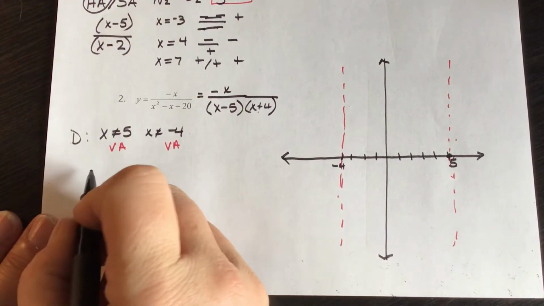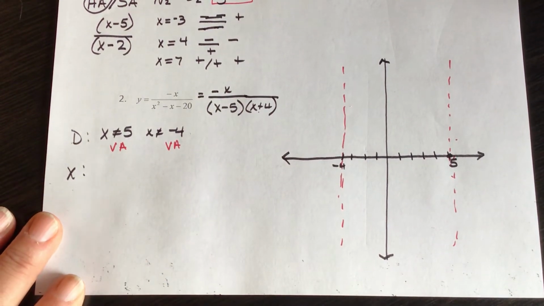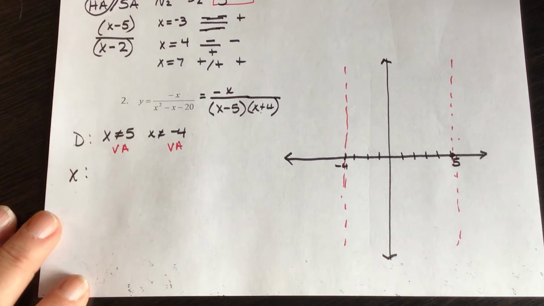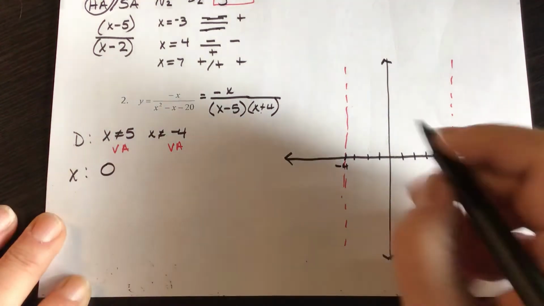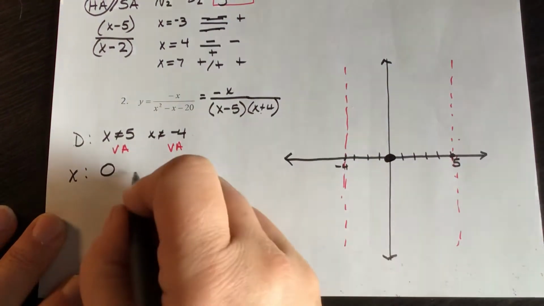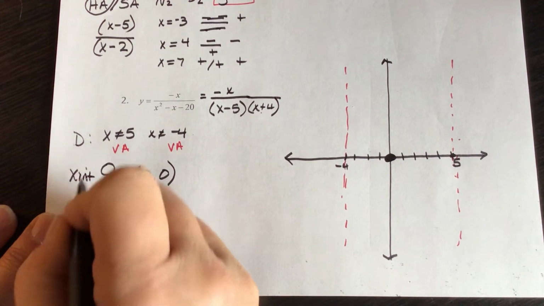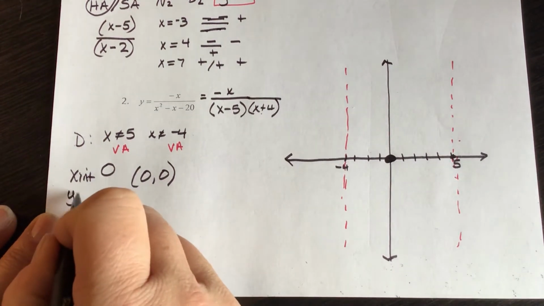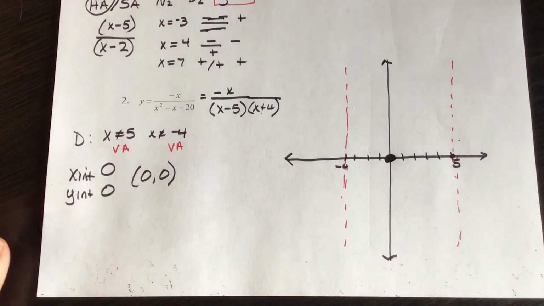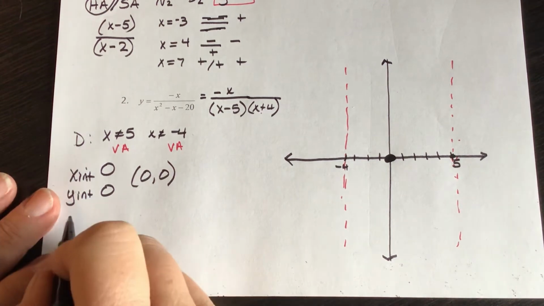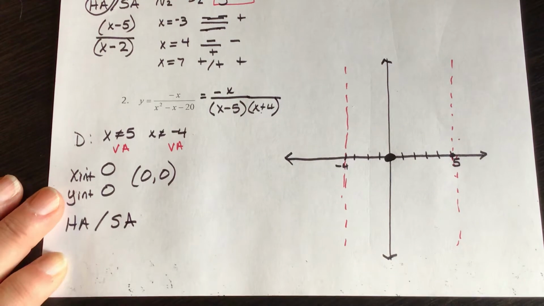Then I'm going to check for x-intercepts, and that's where the numerator equals 0, and that happens at 0. So the x-intercept is 0. If I draw that on here, I have the point 0, 0. So the x-intercept is 0, and so is the y-intercept, because it goes through the origin. Now I'm going to look for horizontal asymptotes or slant asymptotes.